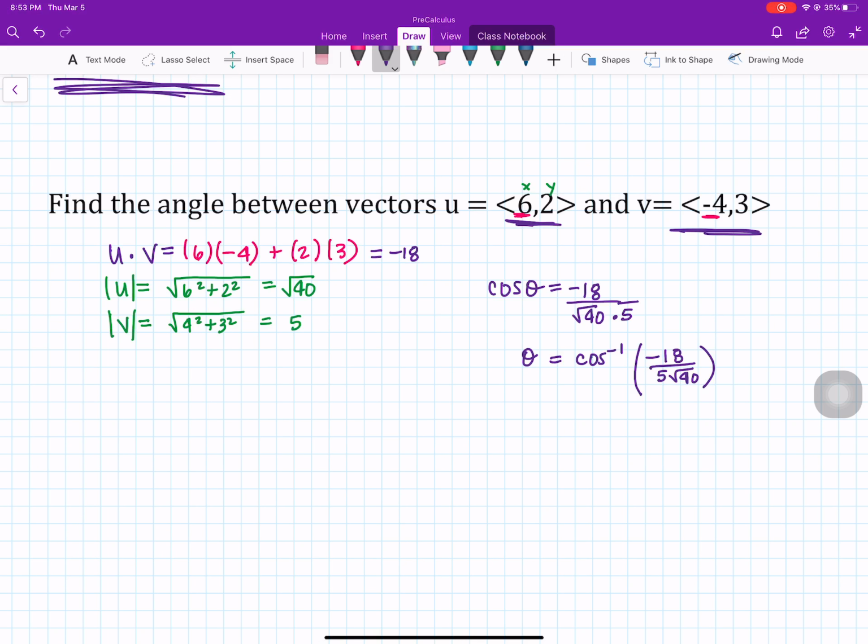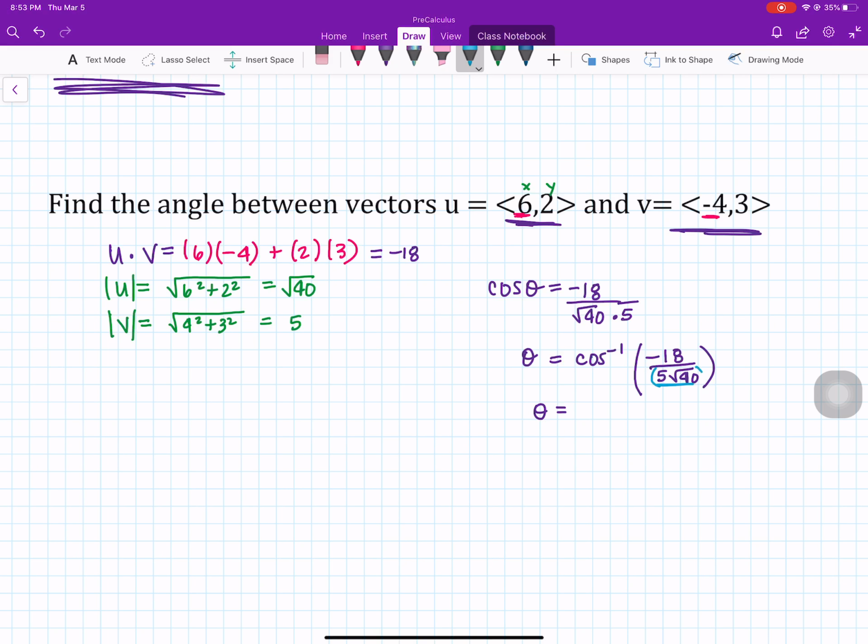And punch that in, making sure you're doing the inverse cosine. Again, a lot of times when we're dealing with vectors, we want to use degrees, so make sure your calculator is in degree mode. And a word of warning, whenever you are doing this with your calculator, you want to make sure that you are punching this in correctly.